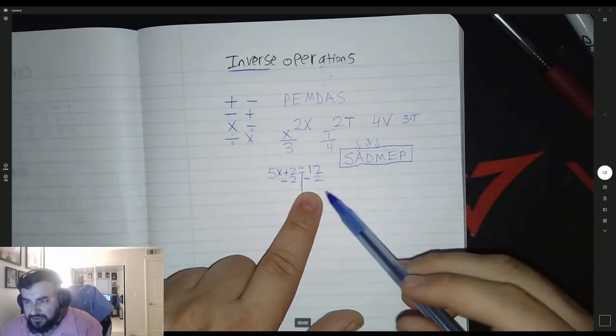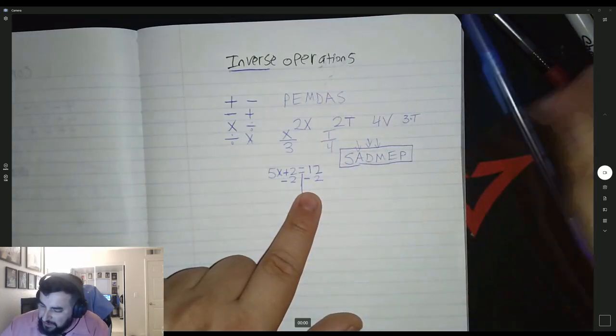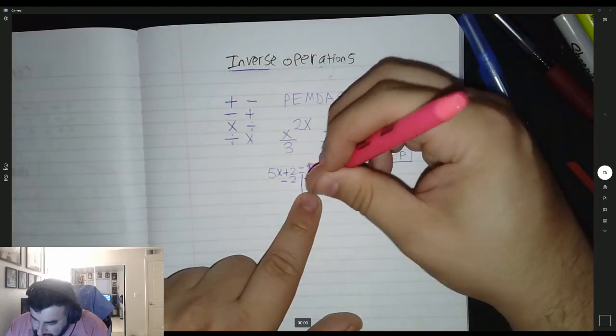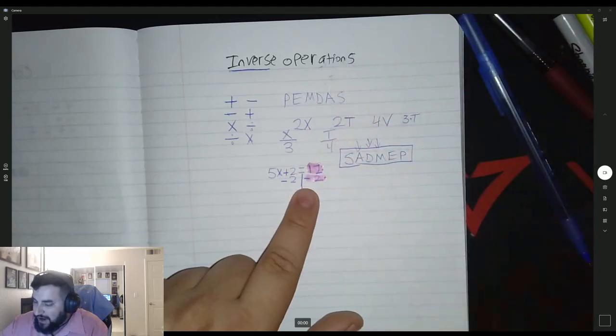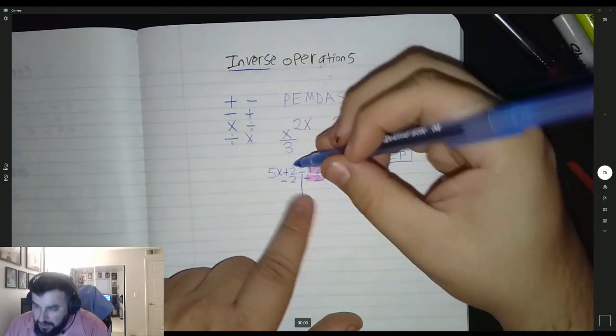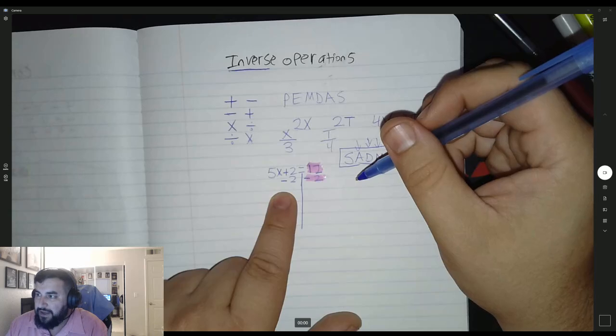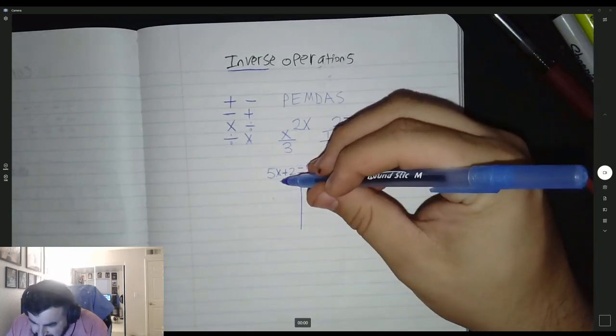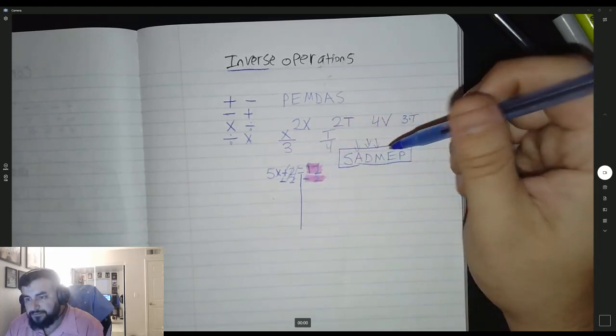The reason I'm subtracting 2 is, think about like terms. These guys are like terms, so I can subtract them from each other. A positive 2 and negative 2 make a 0, and anything plus 0 is still the same number. So I can just cross those out. I'm done with those.